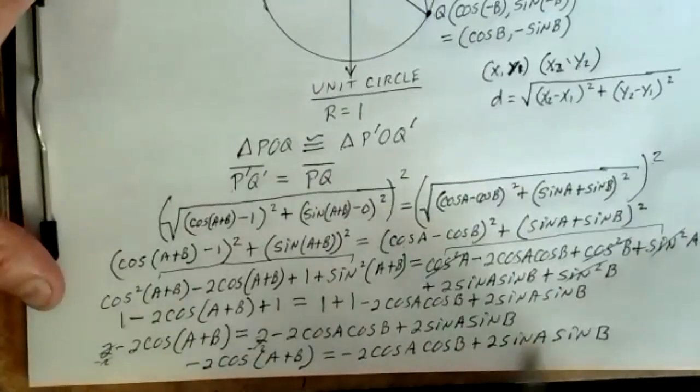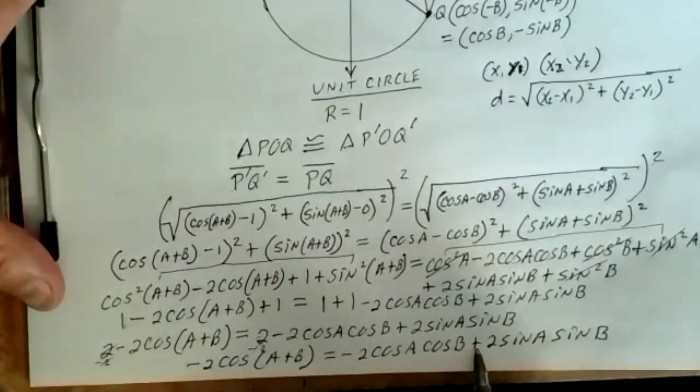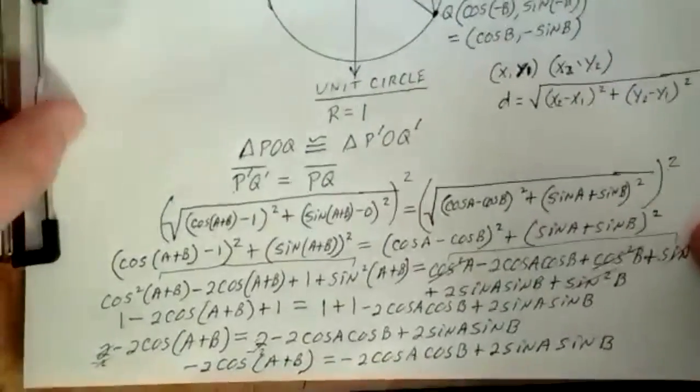Ladies and gentlemen, what I'm going to do on the right side of my equation is factor a -2 out of both these terms, which are separated by addition. So let's do that.